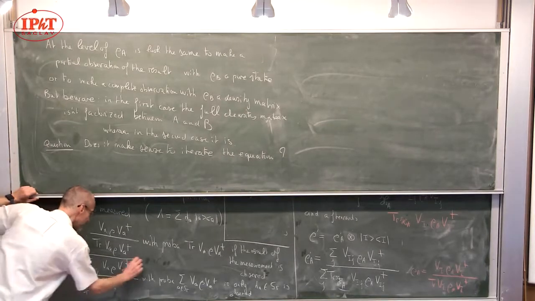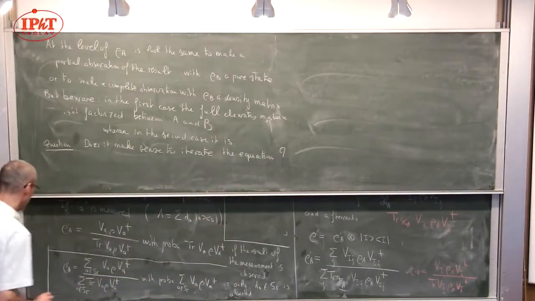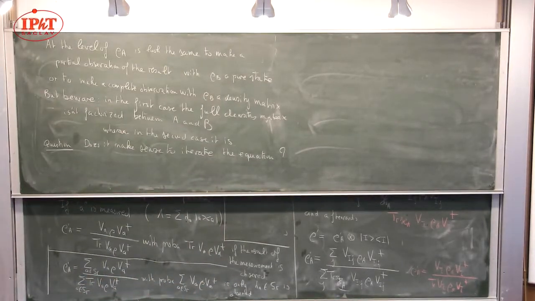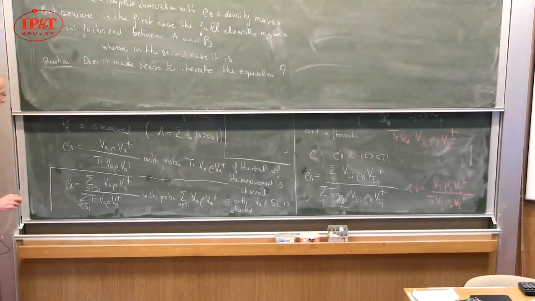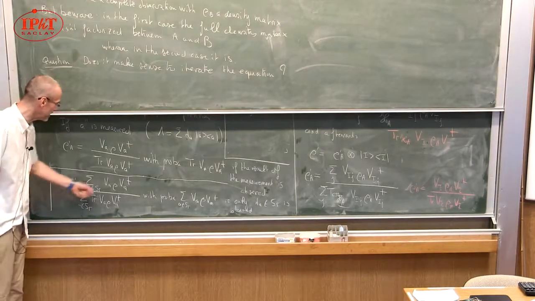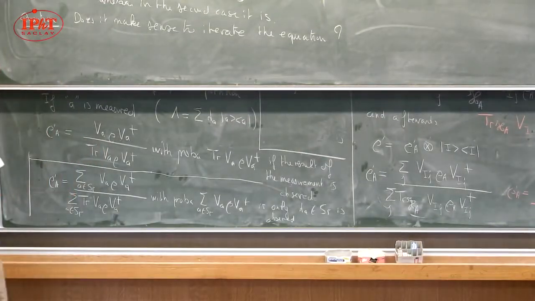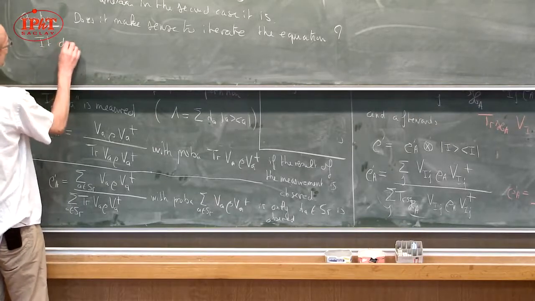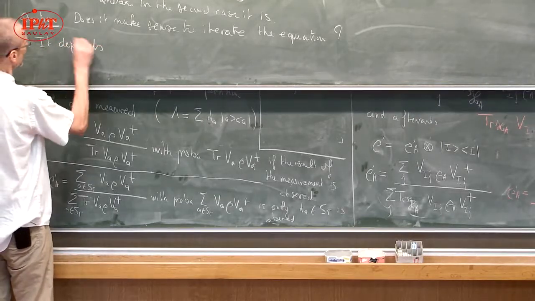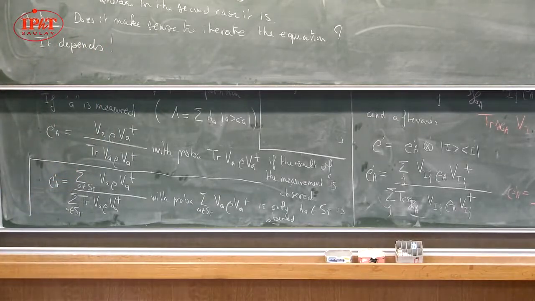There are these equations, and the question is whether or not it makes sense. So you see, we started from rho A and we went to rho prime A, and the question is, what is the physical meaning of iterating these equations? And the answer is maybe totally obvious, and the answer is it depends. Which is a good answer to essentially any question.